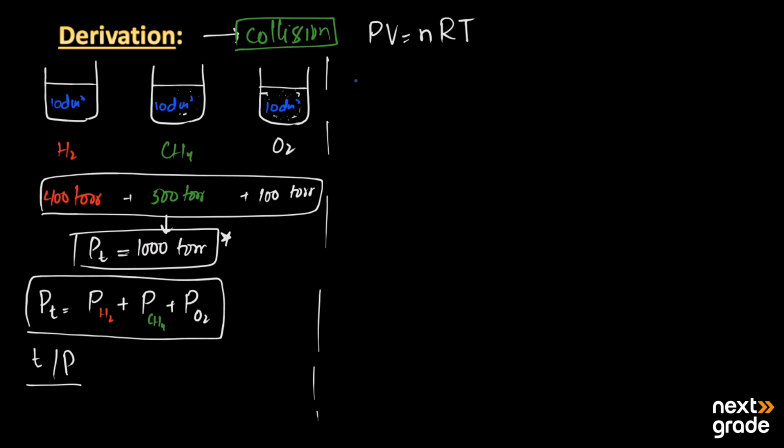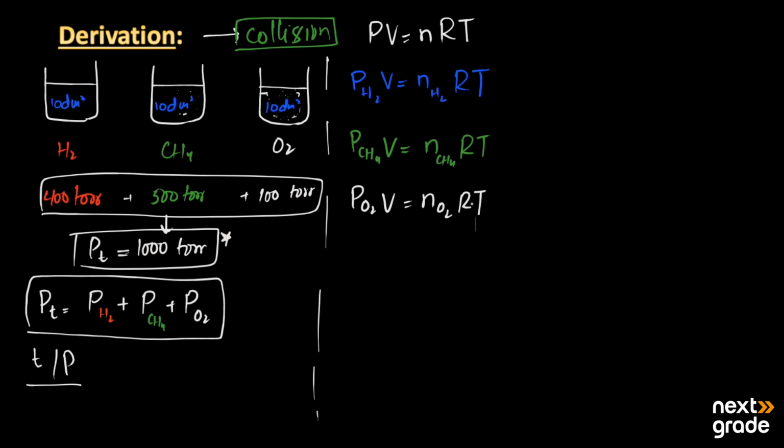Here, first we have the pressure of the hydrogen gas times its volume, which is equal to the number of moles of hydrogen gas times R and T. Then we have the pressure of the methane gas times its volume, which is equal to the number of moles of methane that we take in the container times R into T. And then for oxygen gas, its pressure, volume, number of moles of oxygen and R into T.